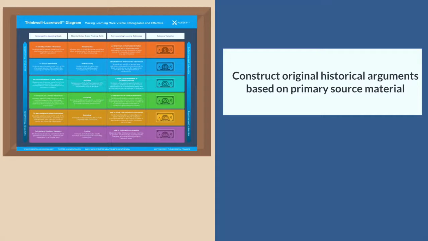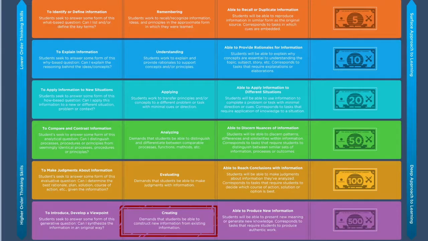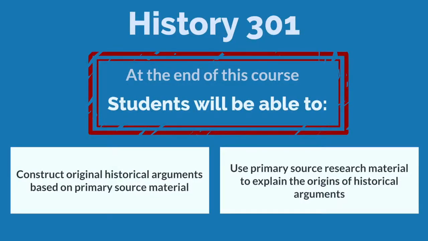Using the Think Well, Learn Well diagram, we see that the words construct original in the first outcome signal us that the professor wants students to use the creating thinking skill, located at the bottom row, middle column of the Think Well, Learn Well diagram. Now let's look at the second iteration of the learning outcome on the right side of your screen. Use primary source research material to explain the origins of historical arguments.